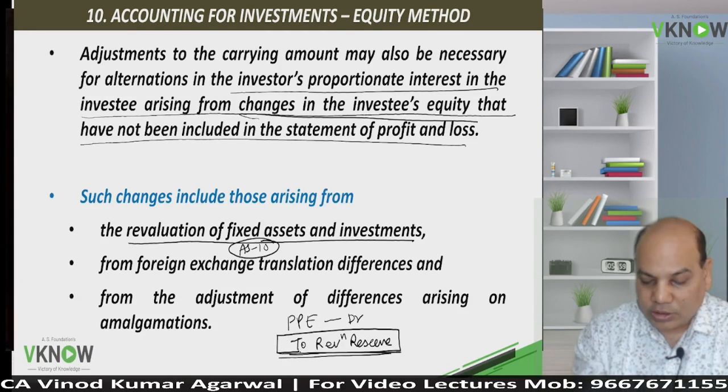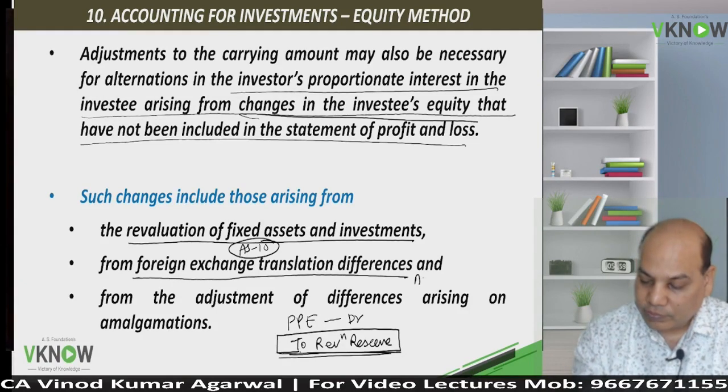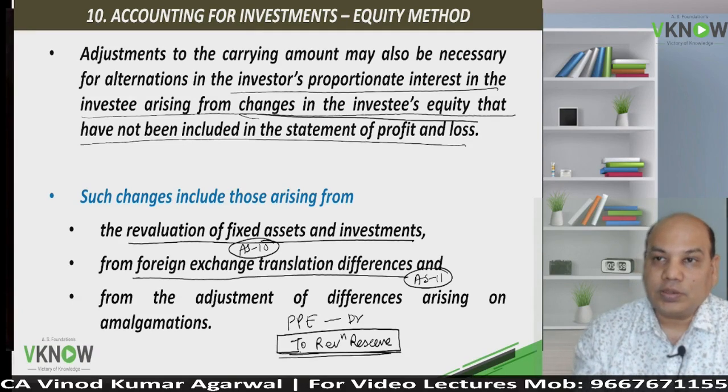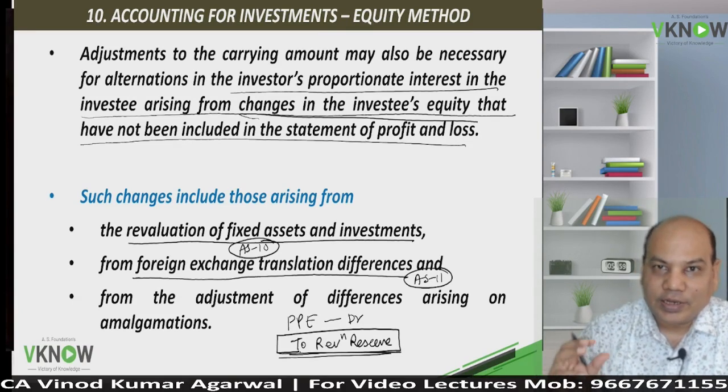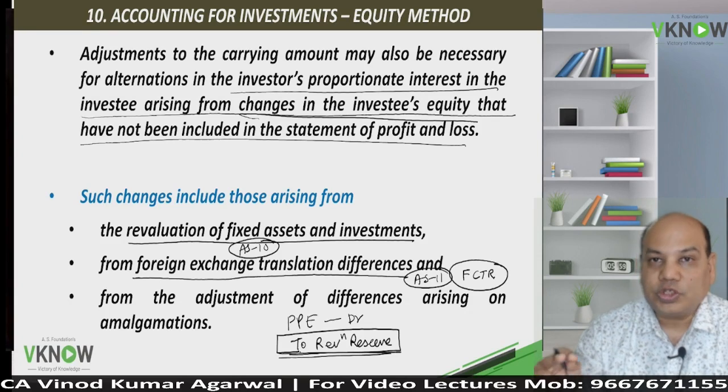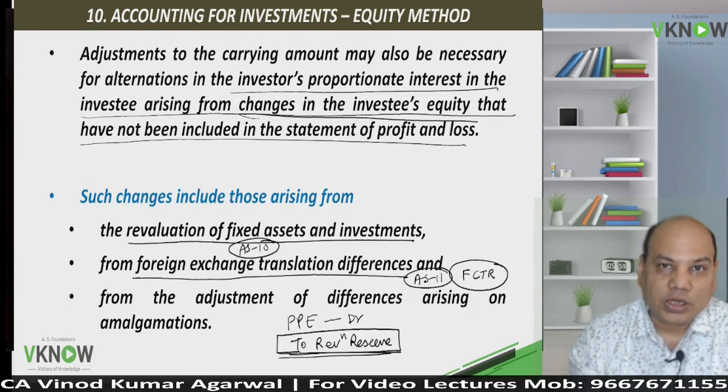Or another example could be foreign exchange translation gain or loss. Accounting Standard 11 deals with foreign exchange gain or loss. Sometimes there will be a direct credit in the foreign currency translation reserve, which may not be routed through P&L account.